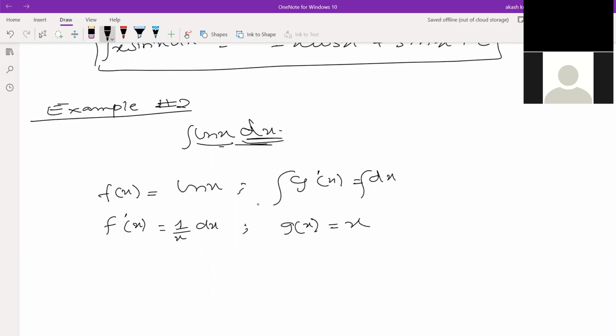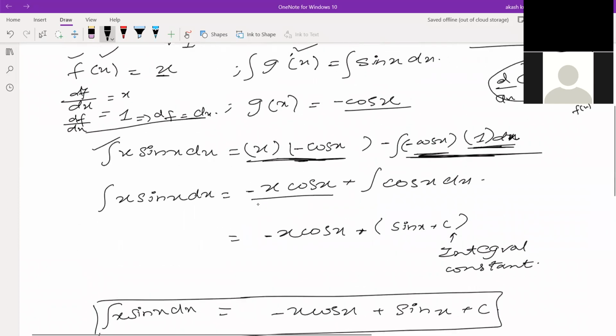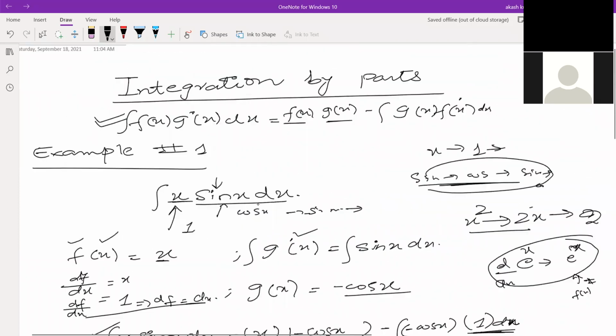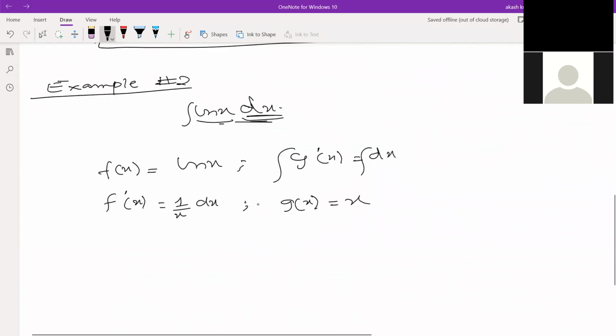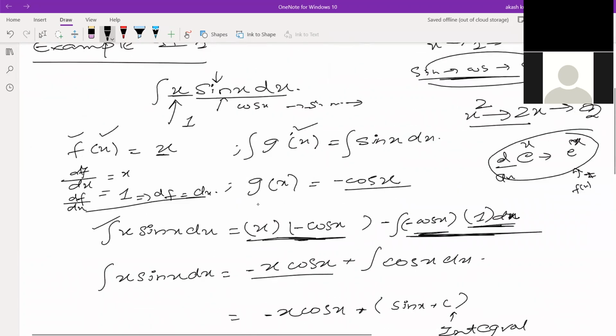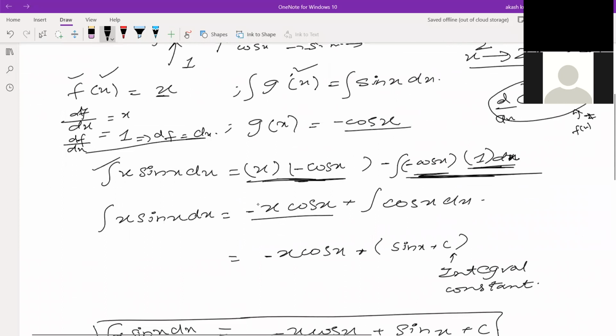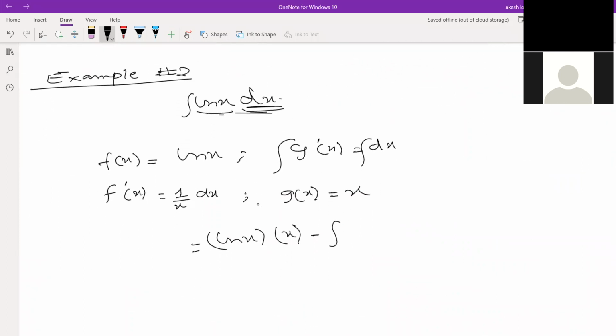And then we just put all values into this formula, which is f of x, g of x. f of x is ln x and g of x is x, minus integral of g of x f dash of x. g of x is x and f dash of x is 1 over x dx.